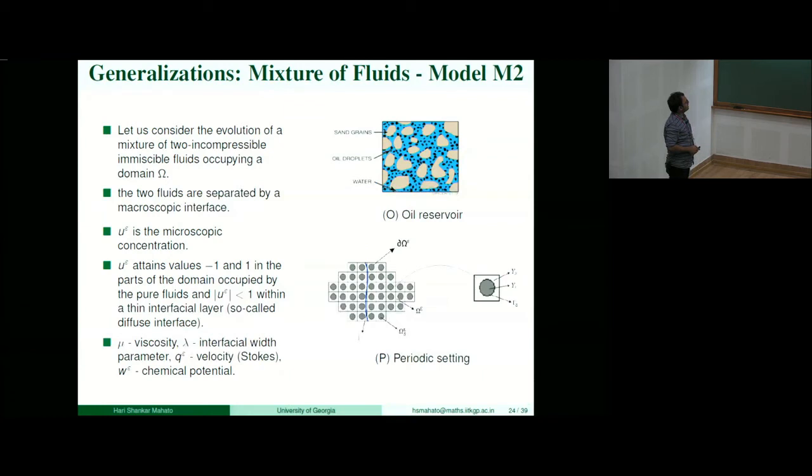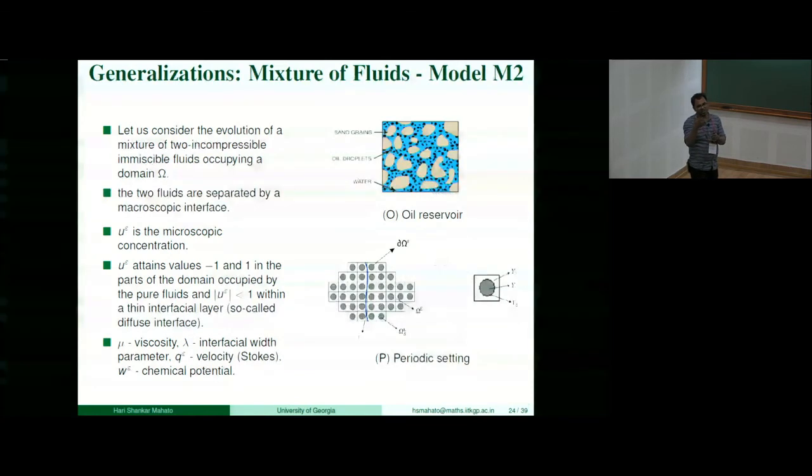So we consider the evolution of a mixture of two incompressible, immiscible fluids. Both water and oil are incompressible and immiscible, so one is floating on another. In a more natural setting, you'll have oil and water distributed here and there, but we are assuming that there is a layer that is separating. The upper part of that layer will contain oil, and the lower part will contain the water.